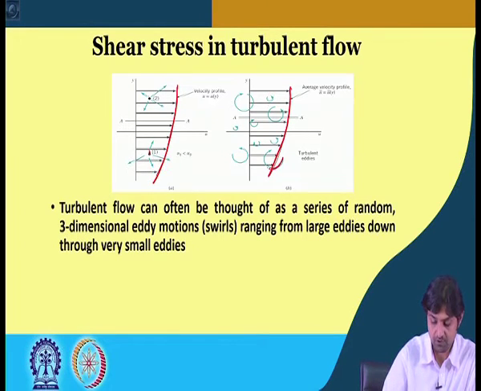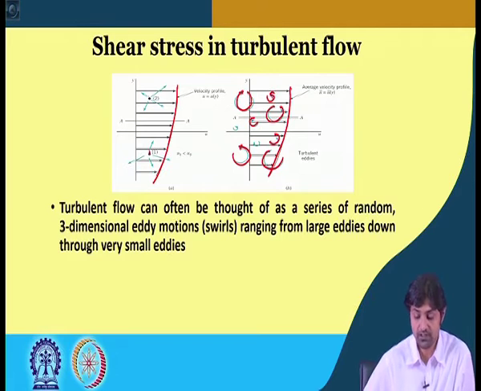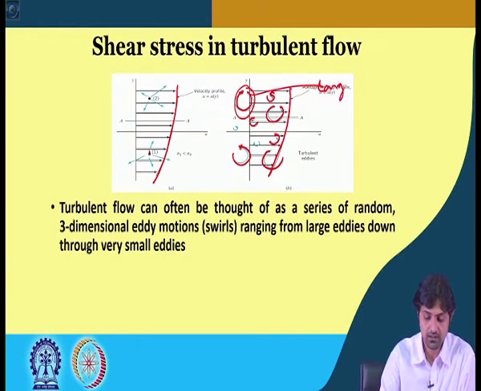You can see we have plotted the turbulent eddies here. So eddies have been represented. Turbulent flow can often be thought of as a series of random three-dimensional eddy motions ranging from large eddies down to very small eddies. So this is a large eddy, and these are small eddies.